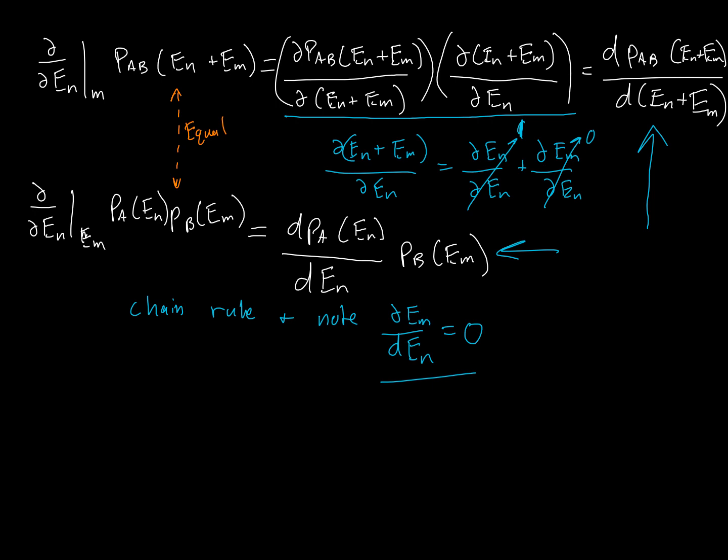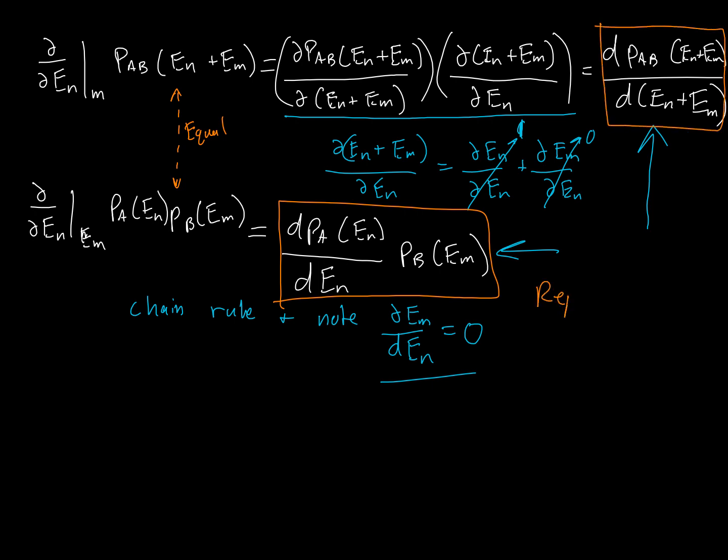Okay, so if we put this together, basically this equation here is equivalent to this equation here. And we can also repeat, but using the change in system B and its energy Em.